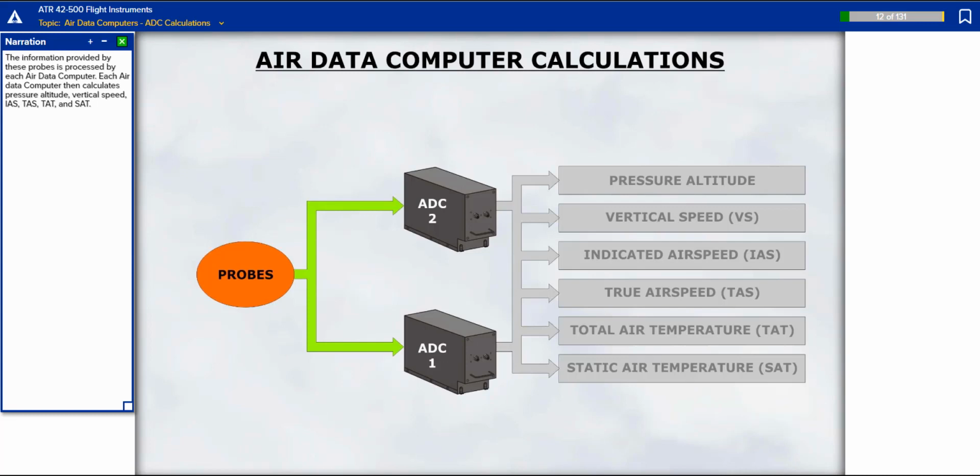The information provided by these probes is processed by each air data computer. Each air data computer then calculates pressure altitude, vertical speed, indicated airspeed, true airspeed, total air temperature, and static air temperature.